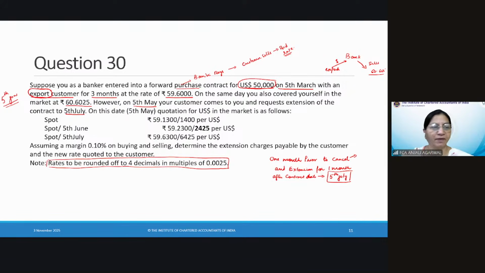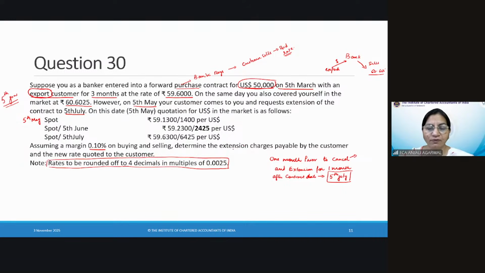Cancellation is demanded on 5th May. And we have rates applicable on 5th May also, 5th June and 5th July. All the 3 dates, we have the spot rates mentioned. There is also a margin of 0.10% whether on buying and selling.